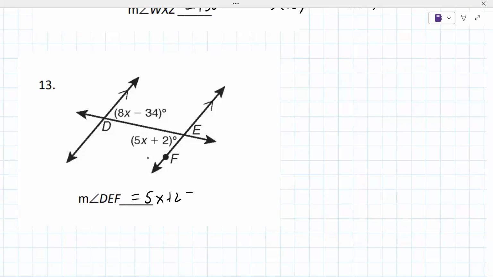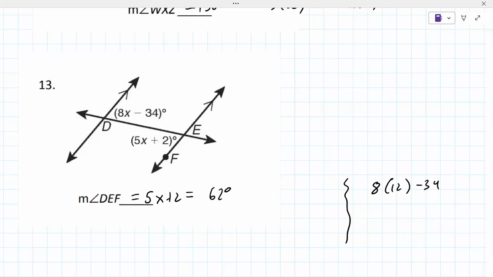Okay, and that one works, but because they're congruent, you can actually put it in either one. Oh, okay, that makes sense. You said you got 12 for x. Yes. Okay, let me solve that. Go ahead and let me know the angle measure, please. 62 degrees. Yes.